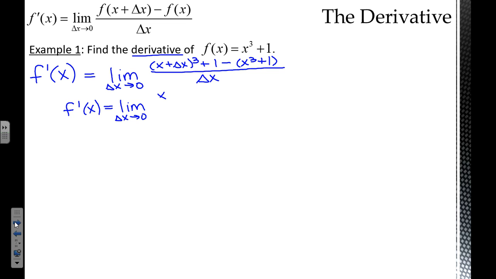So we have x cubed plus 3 x squared delta x plus 3 x delta x squared plus 1 delta x cubed. That would be the expansion of the binomial to the third power. Okay? Don't forget that we still have this plus 1, and we are subtracting x cubed plus 1 in its entirety.